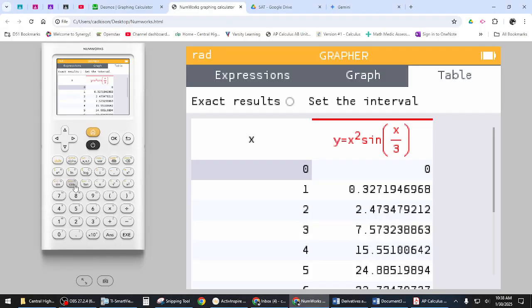So we're looking for where the right side in the table equals 2. Does this calculator let you ask for a y value, like the TIs don't? I'm trying to, but I don't know how.